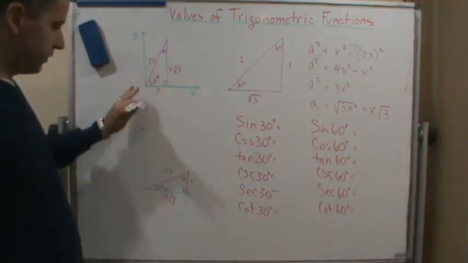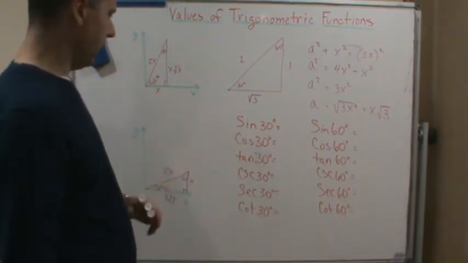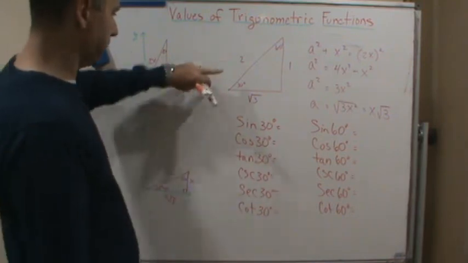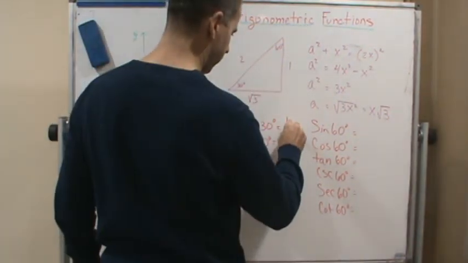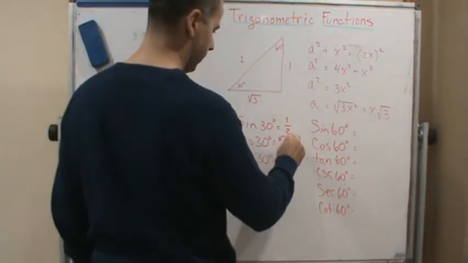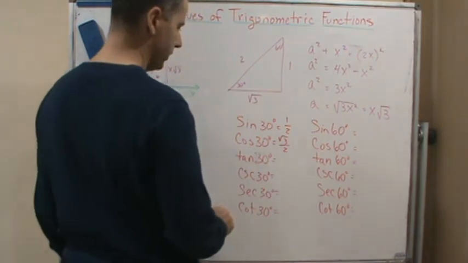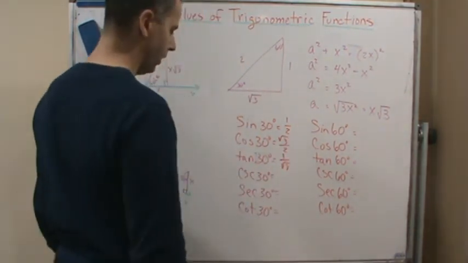Now, if I know this 30, 60, 90 triangle, then I can get these pretty easily. So in this case, sine of 30 degrees is opposite over hypotenuse, so this is always going to be a half. Cosine of 30 degrees is the square root of 3 over 2. Tangent of 30 degrees is 1 over the square root of 3.